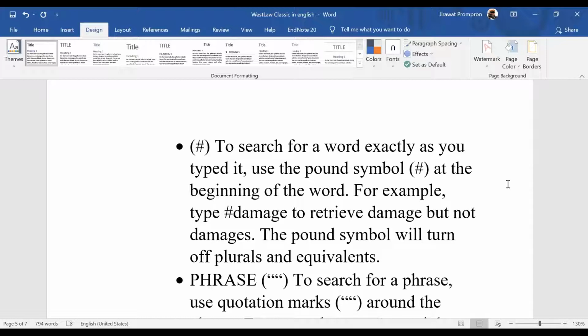If I get many variants of the word, it gets too many results. So I want to limit the results to only the word spelled damage. You just put this one in front of the word, to switch off the auto spelling, auto find, auto stemming for you.